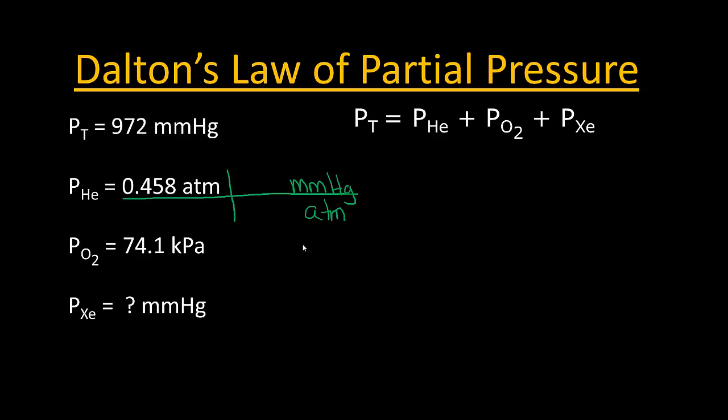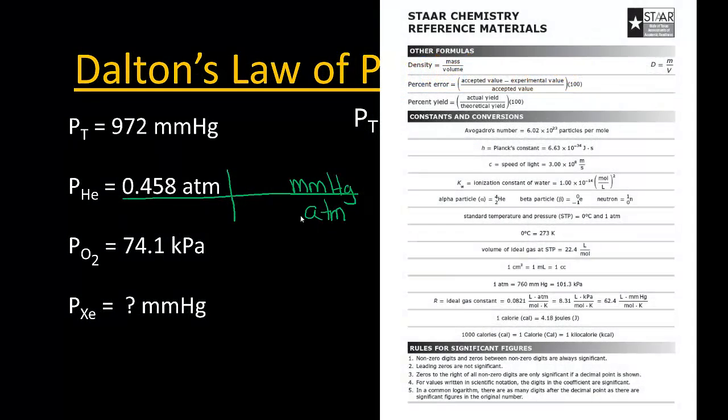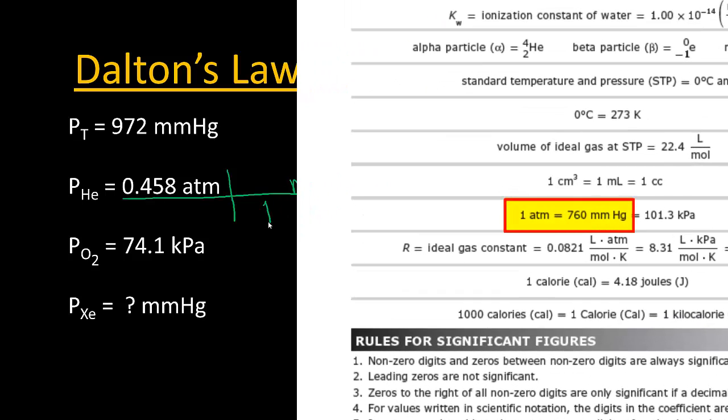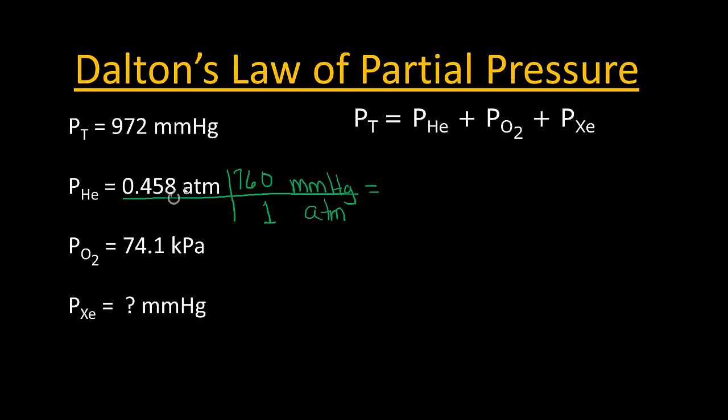Now I'm going to look at my reference sheet to find out what the relationship between millimeters of mercury and atmospheres is. And I see that for every 1 atmosphere, there is 760 millimeters of mercury. So my units cancel. I have atmospheres on top, atmospheres on bottom. They go away. 0.458 times 760 is 348 millimeters of mercury.